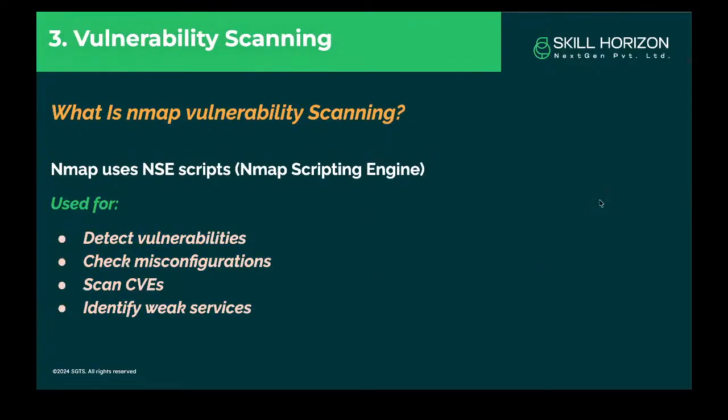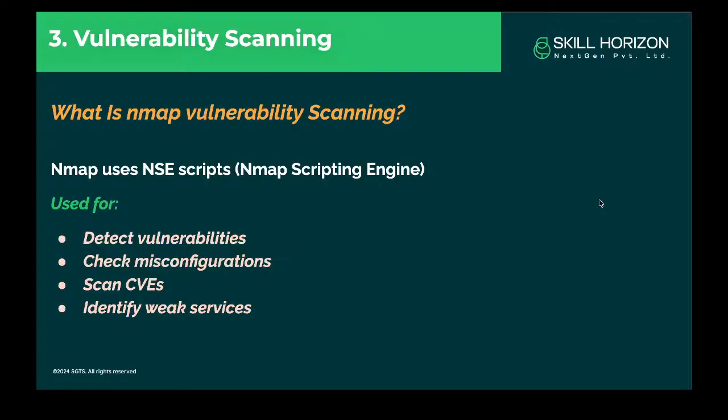Now there are some more commands, like the third section of Nmap, which is vulnerability scanning. With Nmap, we talked about two sections: host discovery, which is used to discover the hosts, then port scanning, which is used to discover open ports, closed ports, and related information like service version, operating system, increasing the speed of your scan, filtered ports, something like this.